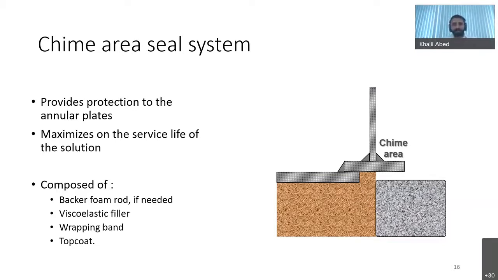The tank chime area seal system usually is composed of a backer rod, used usually in gaps that are greater than 10 mm, a viscoelastic sealant, a wrapping band, and a top coat to provide protection for the wrapping band against UV rays and the degradation because of the exposure to atmospheric conditions over time. So this is the engineered system and the different components of the system.